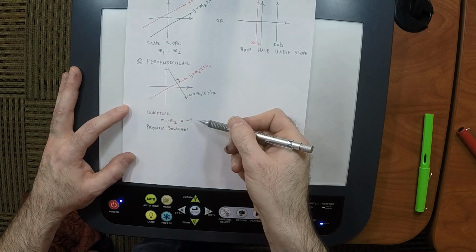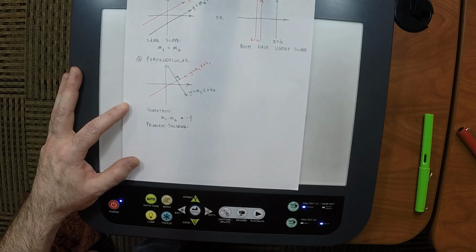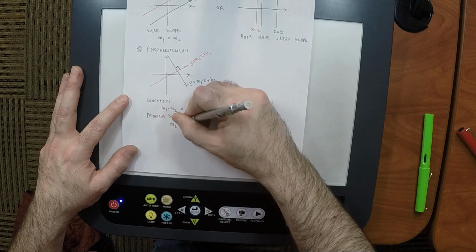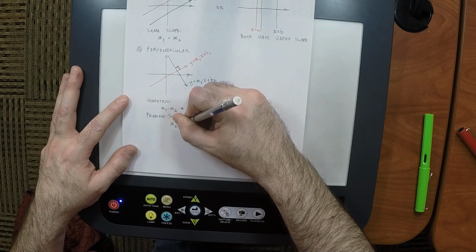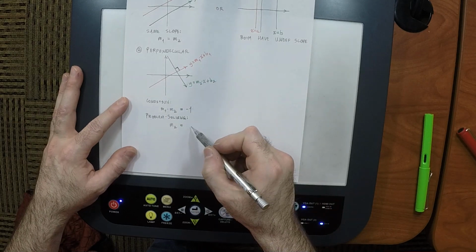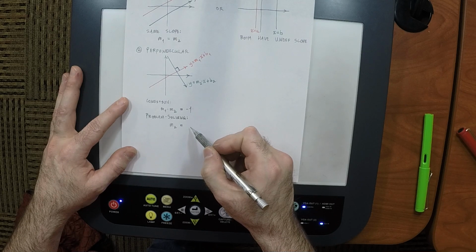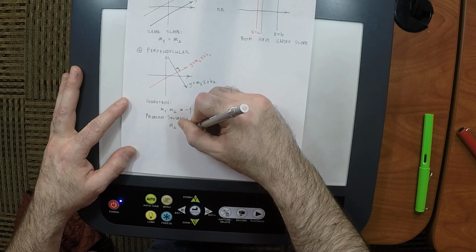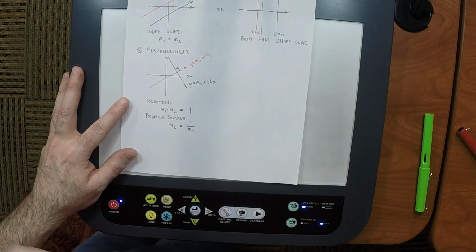Usually you take that condition and you solve for one of the slopes. So maybe we'll solve for M2. If we solve for M2, then what do I need to write over here? Right, so negative 1 over M1. So that's solving for M2.